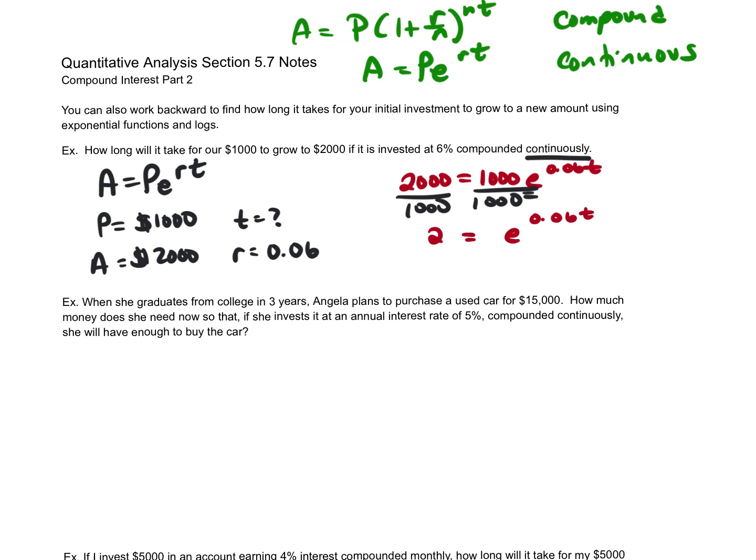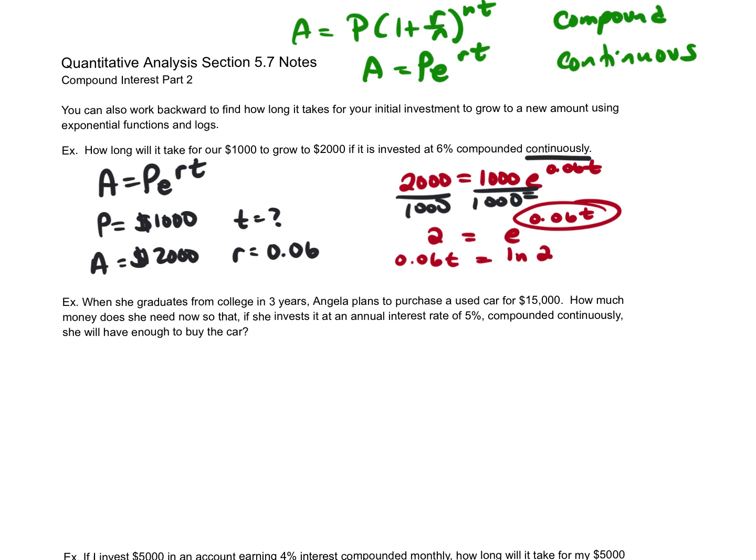When I'm changing to log form, remember log is an exponent, so this exponent will go by itself. So 0.06t equals log base e, which is natural log of 2. Remember, if you do natural log, just ln, that automatically assumes it's base e. Now if you did log base e of 2, that's not wrong, just not as clean.